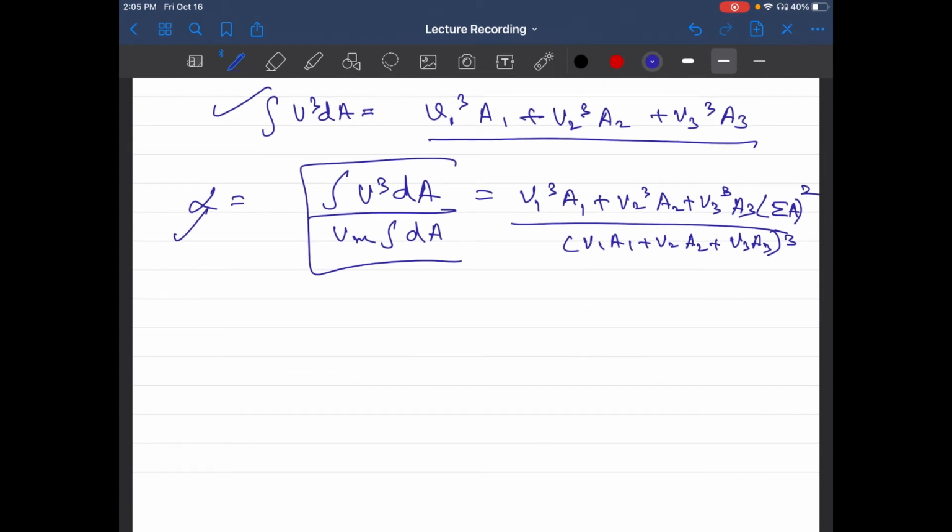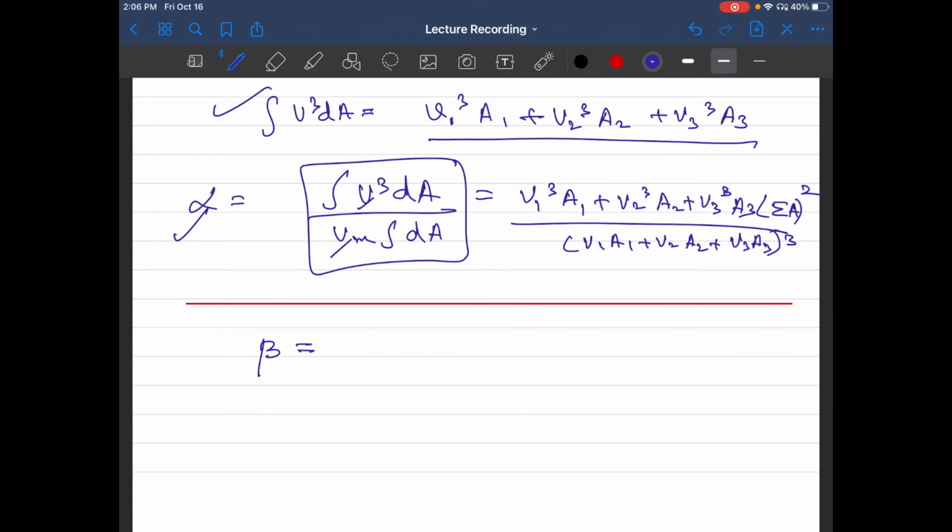But ultimately we have to keep in mind what this alpha is, what the terms in the numerator are, and what the term in the denominator is, which happens to be two integrals. In one case v is inside, in another case we are taking Vm, assuming that it's an average or representative velocity taken as a constant throughout a channel section. Now, as we did our analysis with energy correction factors, we can introduce another correction factor, known as the Boussinesq coefficient or beta.